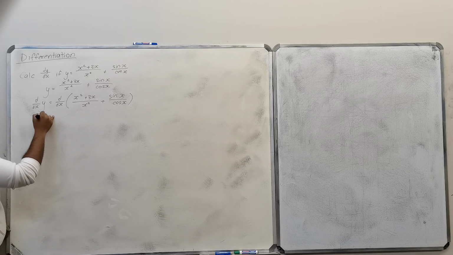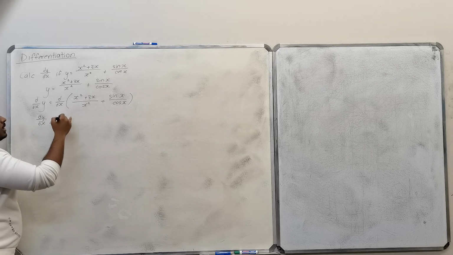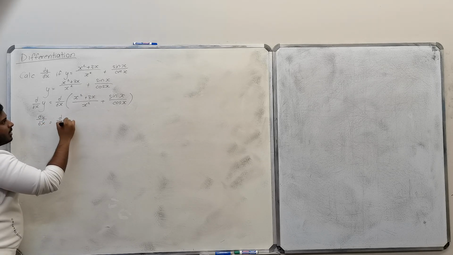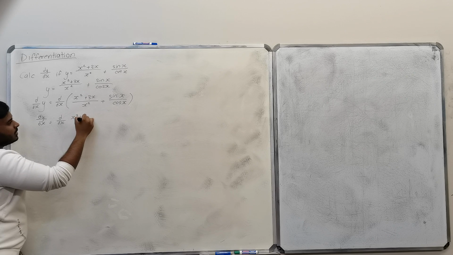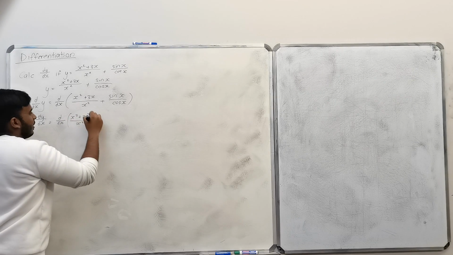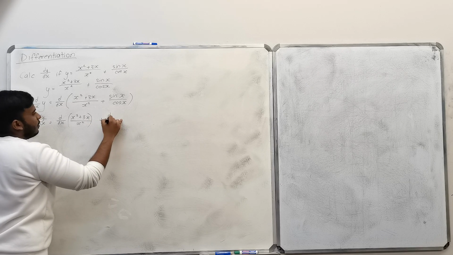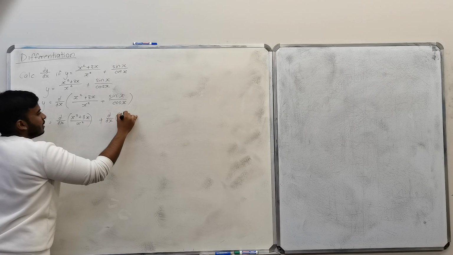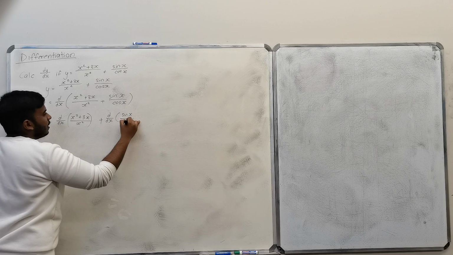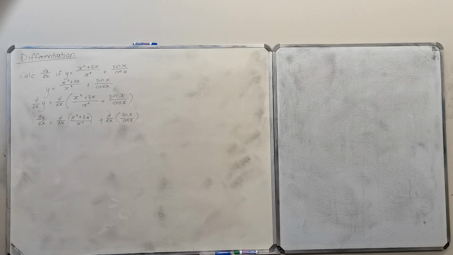So dy over dx is equal to d over dx of x squared plus 3x all over x squared plus d over dx of sine x over cos x. So how are we going to do this?